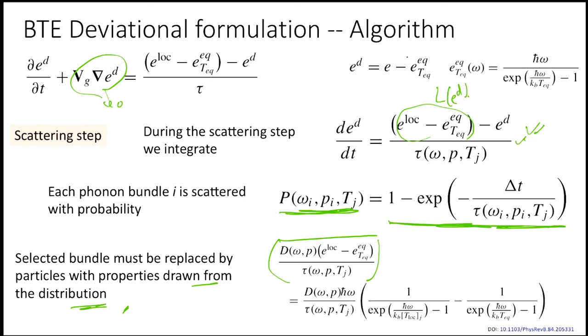So the new particle after the three-phonon scattering would be drawn from this distribution: E_loc minus E_equilibrium divided by tau. If you expand that term, E_loc is this function of T_loc, which we found in the previous slide, and the equilibrium just depends on the T_equilibrium we had taken. So we would use this new distribution to draw our particle after the scattering step.